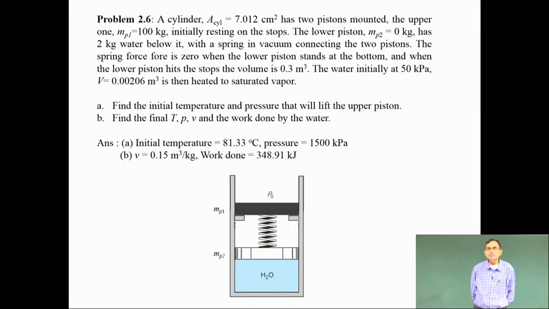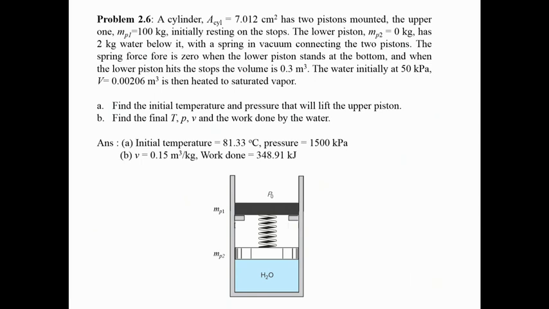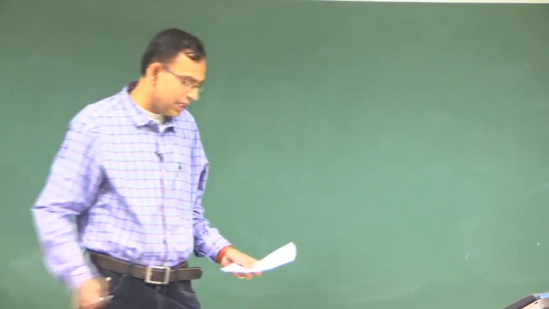The water initially at 50 kilopascal and 0.00206 meter cube is heated to saturated vapor. Find the initial temperature and pressure that will lift the upper piston, and final temperature, pressure, specific volume and work done. So, it is a very comprehensive problem. We will look into this problem in some detail.